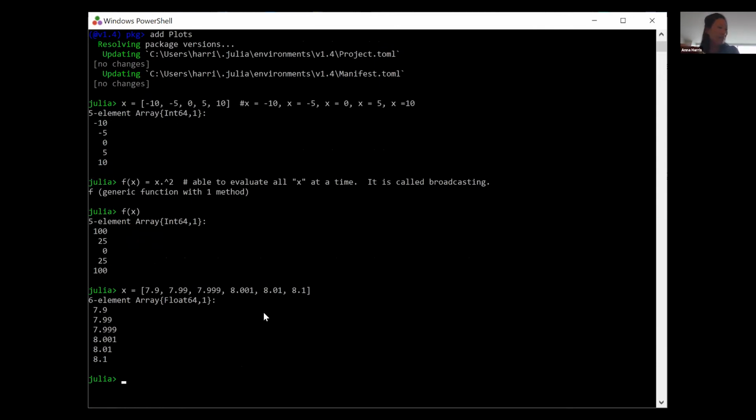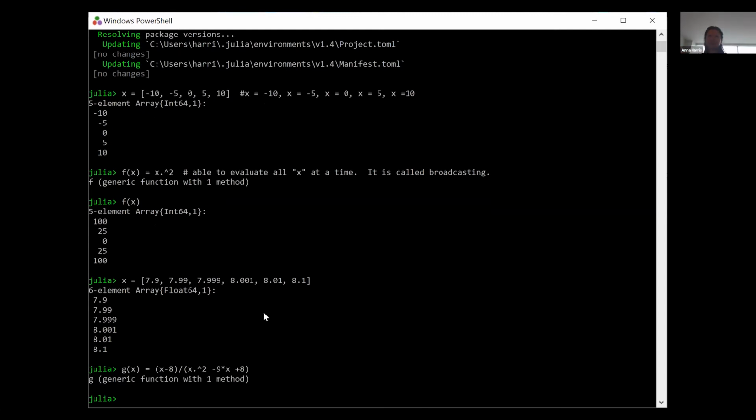Now I'm going to find my f of x, or I can call it g of x, whichever you want to call it. g of x equals, don't forget to put the parentheses, my numerator is x minus 8 divided by my denominator, x squared minus 9 times x plus 8. That's what I have.